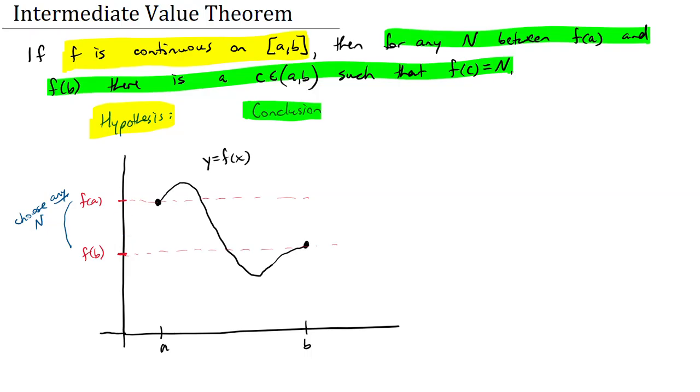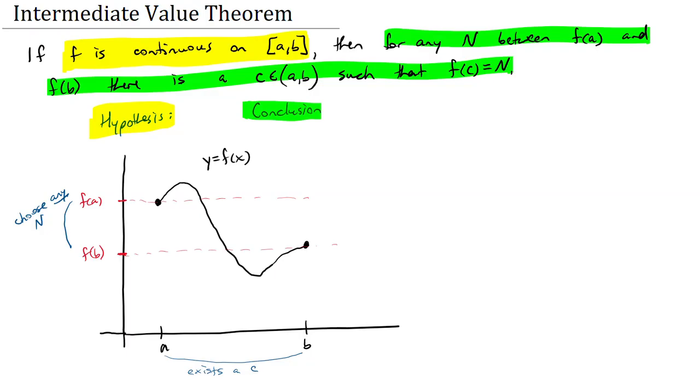So we could pick any of those n values. The theorem guarantees that there is a c between a and b. So there exists a c that lives here between a and b, such that f of c equals n. So let's do this in a couple different ways.